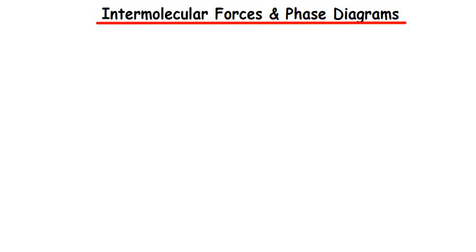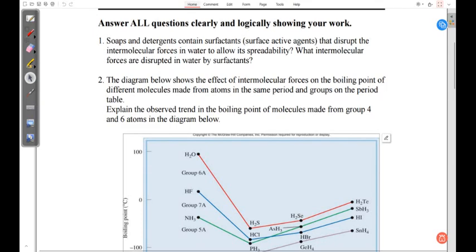Alright, so in this video we're going to break down this simple basic tutorial sheet on intermolecular forces and phase diagrams. Okay, question 1. Soaps and detergents contain surfactants, the surface active agents that disrupt the intermolecular forces in order to allow its spreadability.